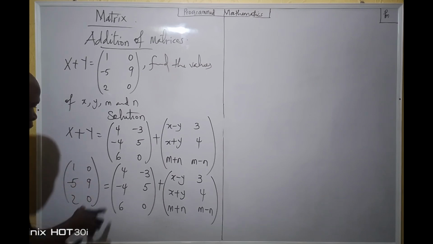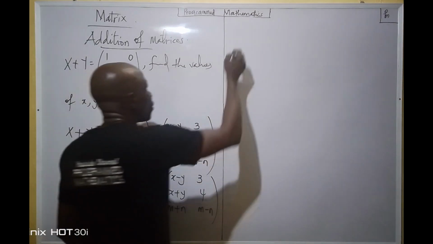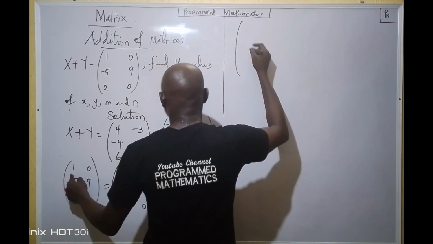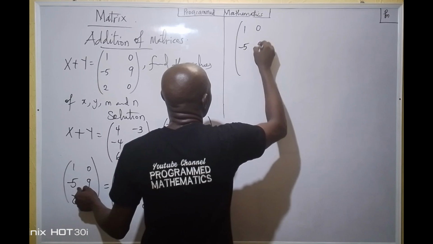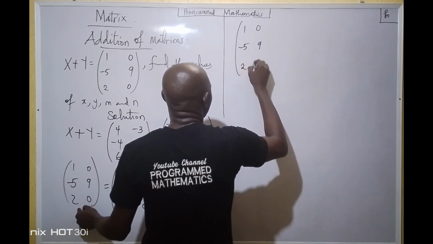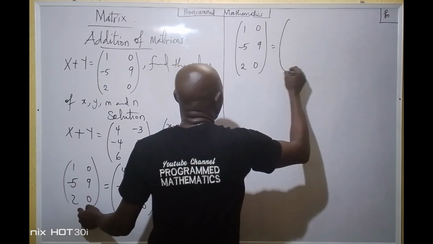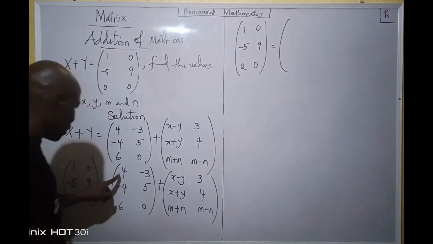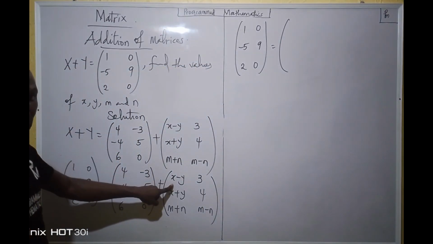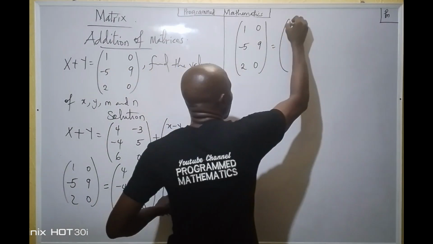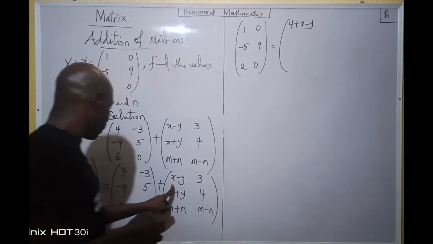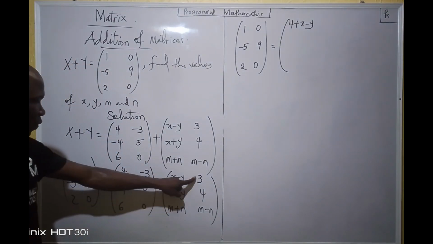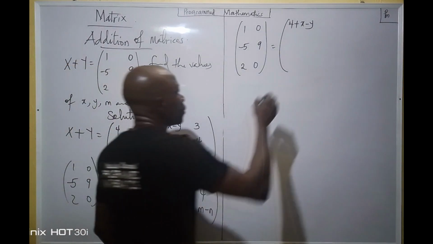So in this case here now, we have, write out the matrix here, 1, 0, minus 5, 9, 2, 0. So this is equal to, for this now we have 4 plus x minus y. Then minus 3 plus 3 is 0.